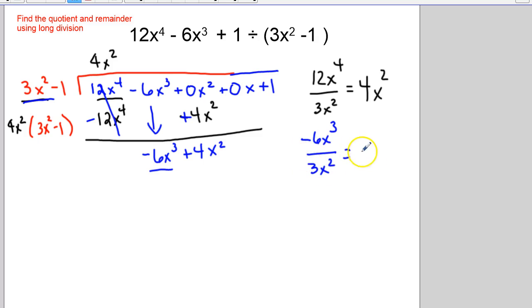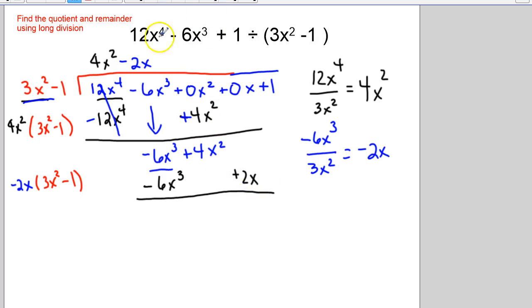Well, negative 6 divided by 3 is a negative 2. x cubed over x squared is an x. So I'm going to write minus 2x. I'm going to put minus 2x off to the side, and I'm going to multiply that by 3x squared minus 1. When I multiply, I get minus 6x cubed, and here I get a positive 2x. So I need to write that over here.